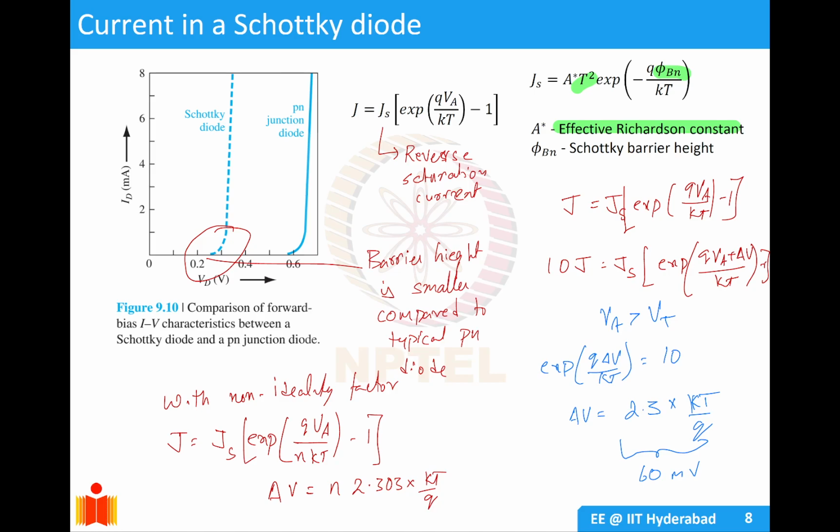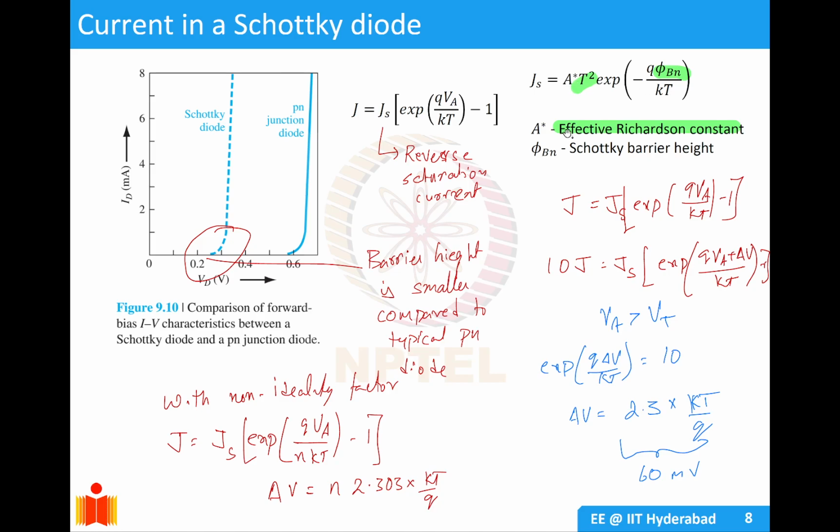So we studied the ideal diode equation for a PN diode, which is given as J equals Js times exponential of QVa by KT minus 1. This equation is also the same for a Schottky diode, where Js is the reverse saturation current, but the value for Js is different in a Schottky diode, and it is given as Js equals A star T square exponential of minus Q phi Bn by KT.